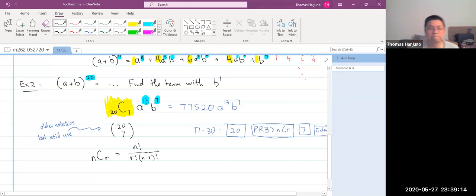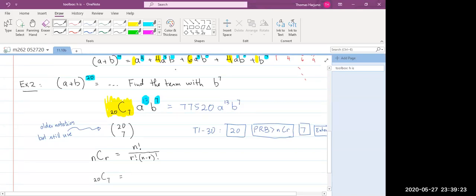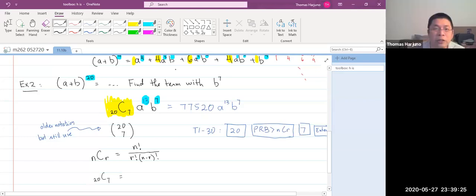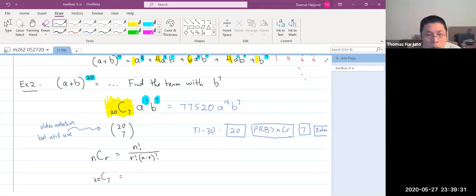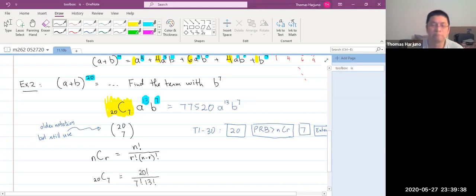That's what it means. So if I have 20 combination 7, then it will be 20 factorial over 7 factorial times 13 factorial.